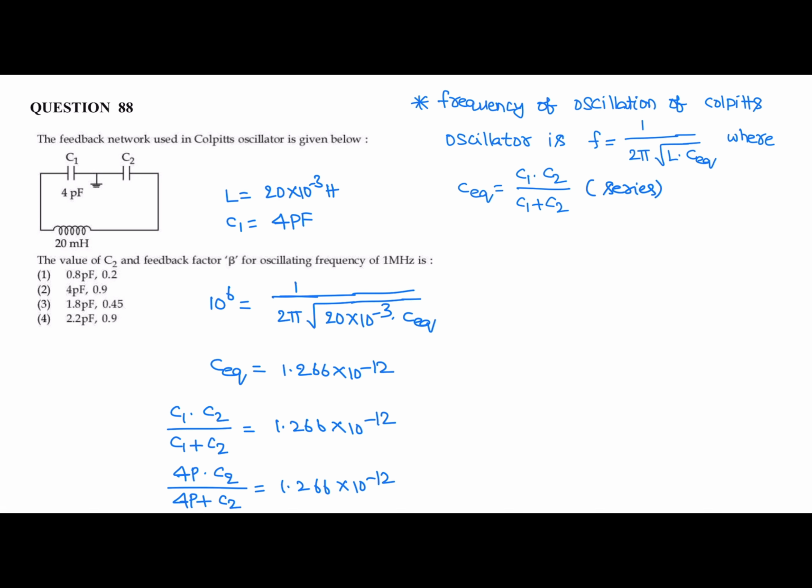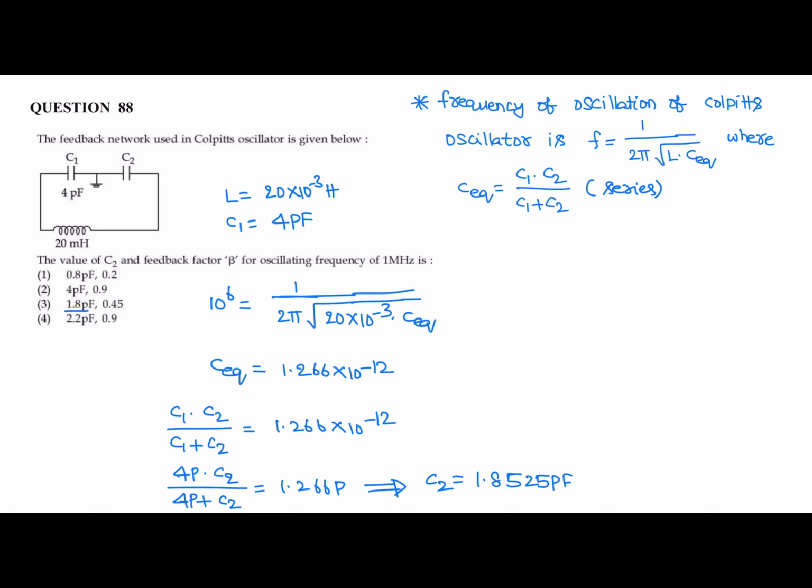So 10 power minus 12 can be written as picofarad. On calculation, the value of C2 is 1.8525 picofarad. So the capacitance value is 1.8 picofarad.